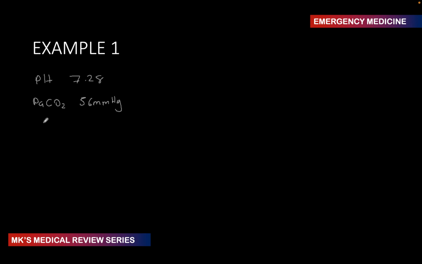We have a bicarb that is 25 milliequivalents per liter, and we have an oxygen saturation that is 89%. Now work out the diagnosis, or work out the acid-base status of this particular patient. So you may pause the video right now.